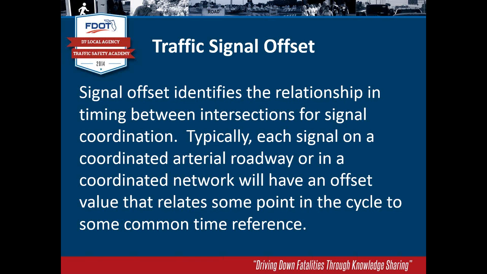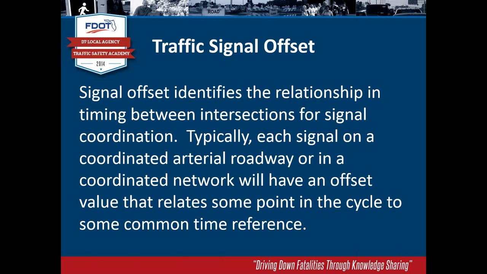If the first signal had an offset of 20, the second signal had 37 as an offset, the third signal has 42 seconds as an offset, and the fourth signal has 10 as an offset. That means that, typically the offset is referenced to the end of the main street green, the major street, the end of green on the main street. And the end of main street green is the beginning of yellow on the main street.